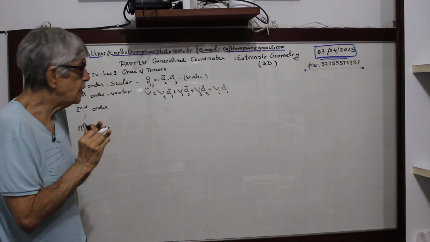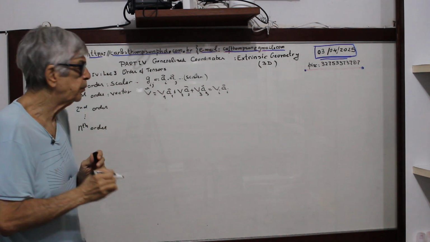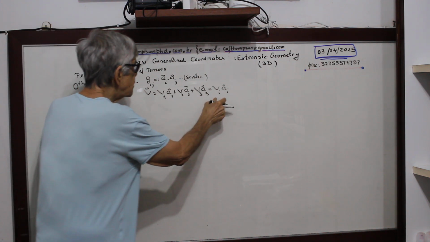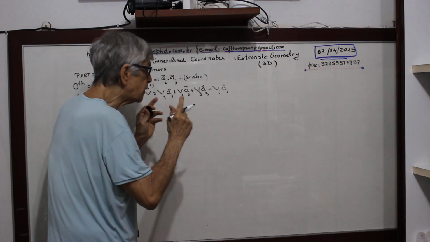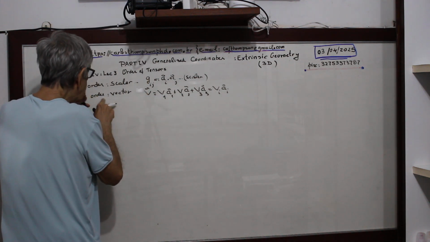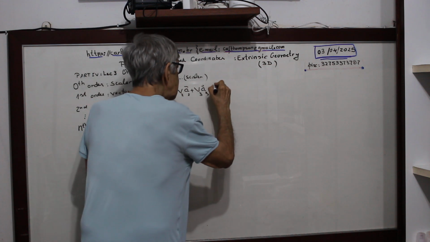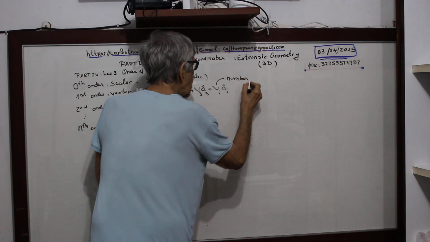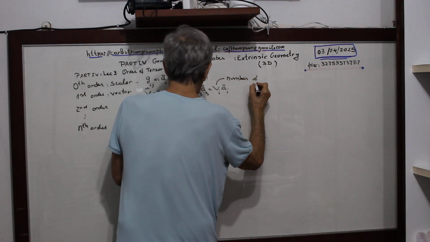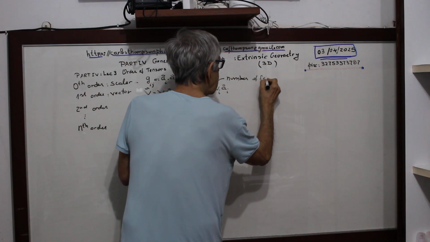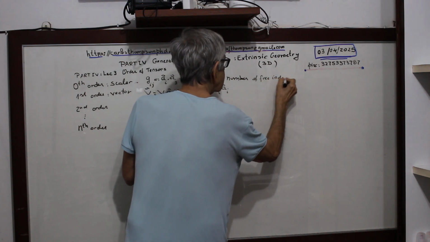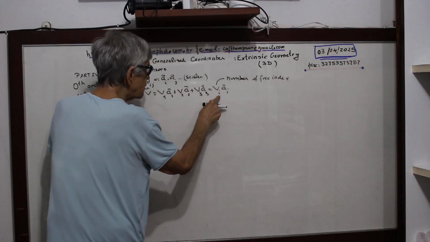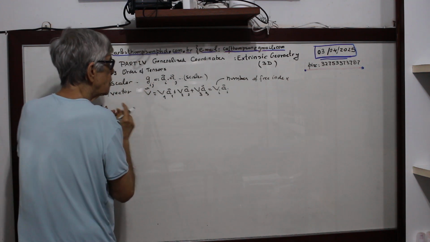That's a little confusing. You see, this is a first order tensor. This is only dummy, but for the first order, you see the number of free index. So, the number of free index, we call this a vector, okay?